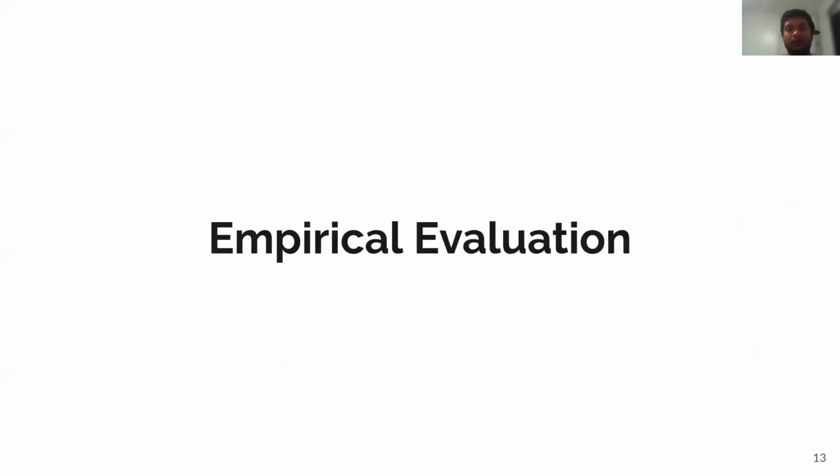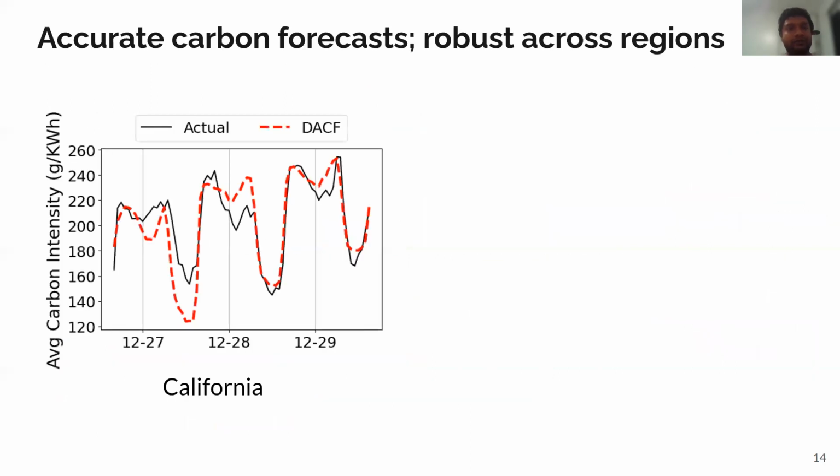Now, talking about the evaluation part, first, we checked how DACF performed across geographically distributed regions. On the left, we can see a 3-day time series in California, and we see that the predicted values of DACF match the general pattern of the actual carbon intensity values and are able to match the unpredictability in the time series.